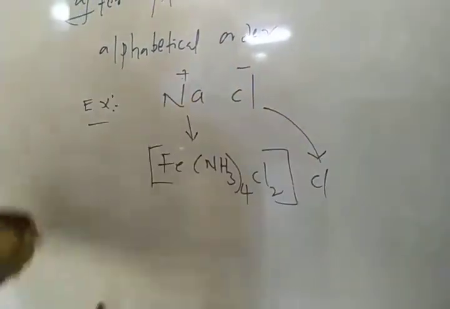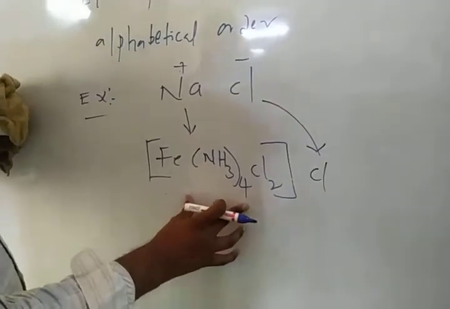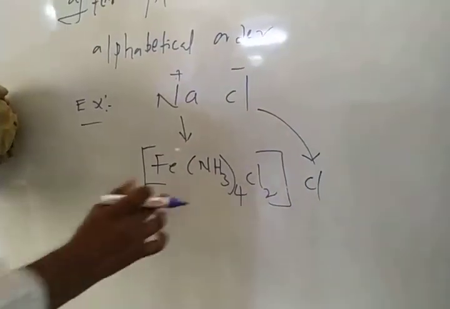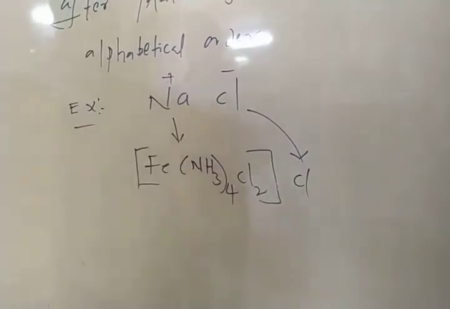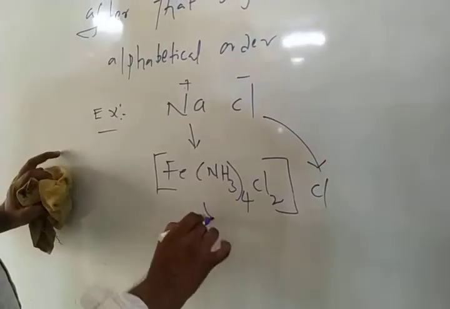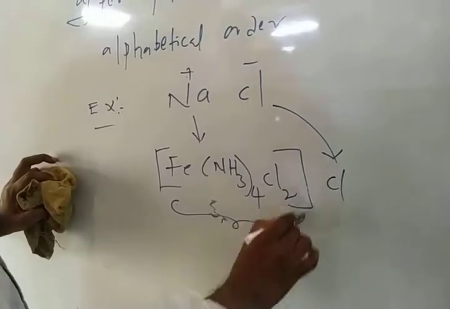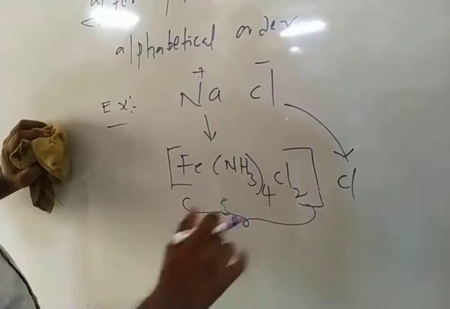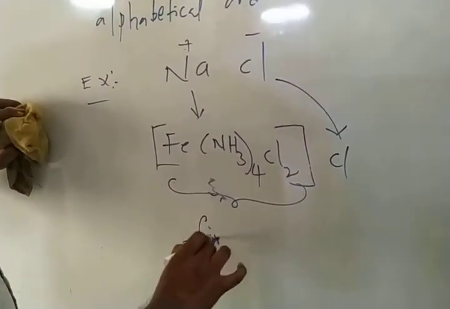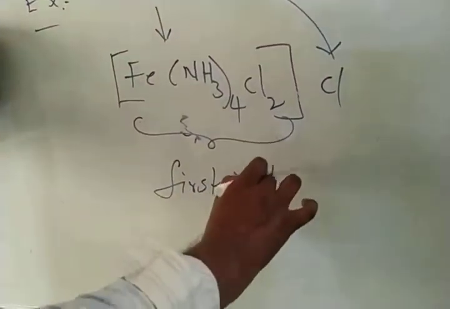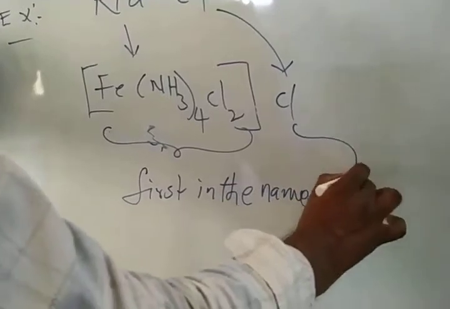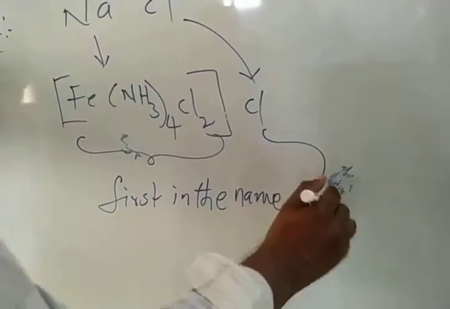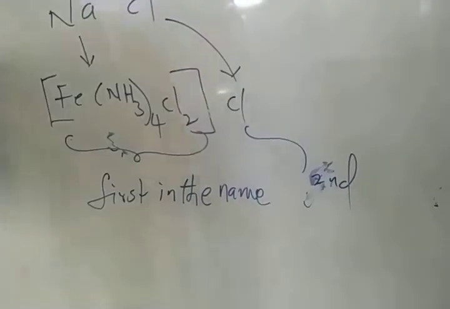So in the name, first tell the name of this, then this. So this name is tetraamine. So the complex, that means the cation, is first in the name, and the anion is second.